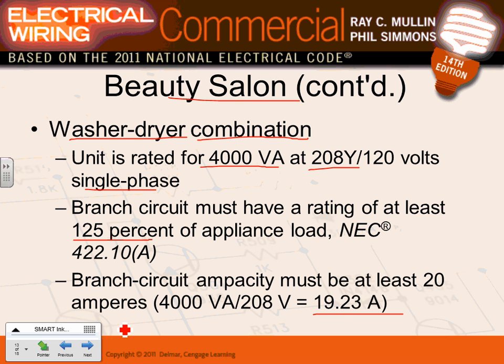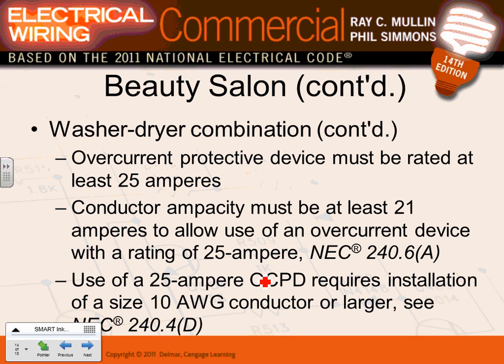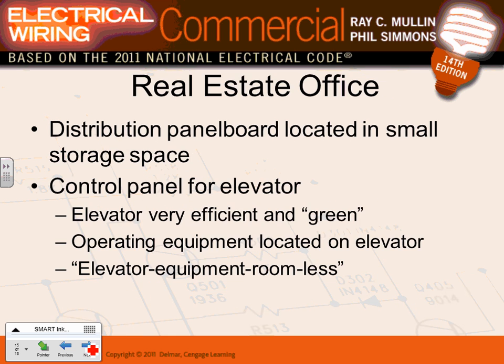You get 19.2. So long story short, you end up with the 21 amps and 25. So a 25 amp overcurrent protection device with number 10 conductor tied to the combination washer dryer. Anybody have seen a combination washer dryer? Small washer dryer combo. So you take the full load amps, multiply by 1.25, size your conductor and overcurrent protection device for the most part.